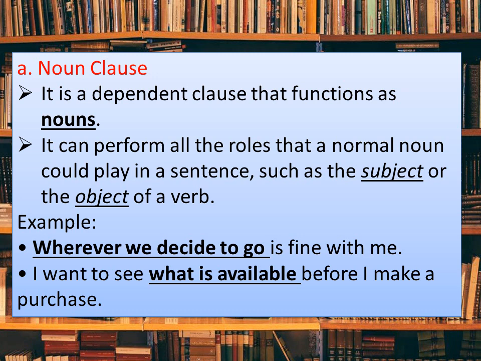In the first example, our dependent clause, wherever we decide to go, functions as the subject of our sentence. In the second example, our dependent clause functioned as the direct object of the verb.